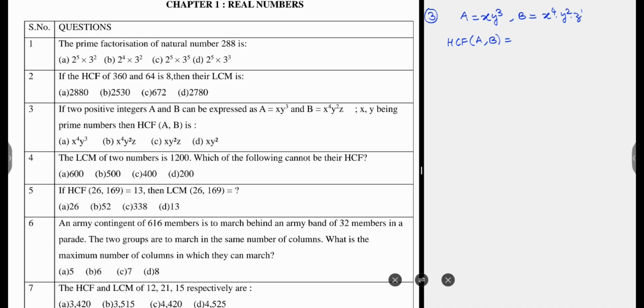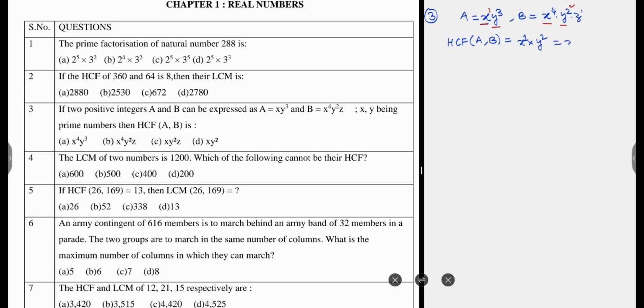So HCF of a comma b, whenever we find HCF we write only common factors. So here the common factors are x and y. So x into y, and then we take their lowest powers. The lowest power of x is 1 here, so we write x to the power of 1, and the lowest power of y is 2 here, so y to the power of 2.